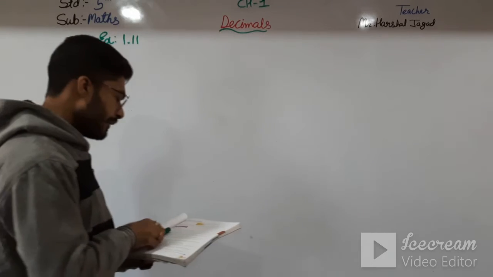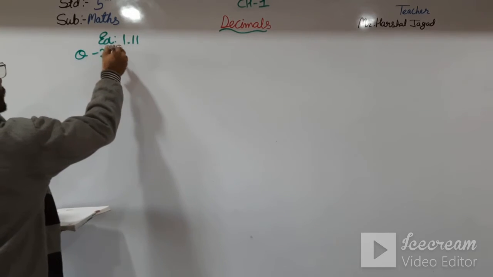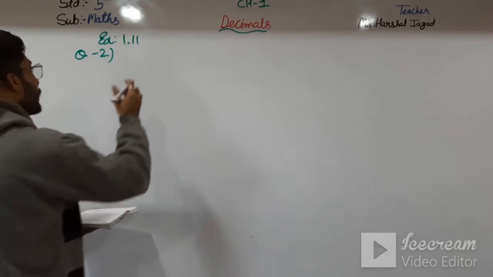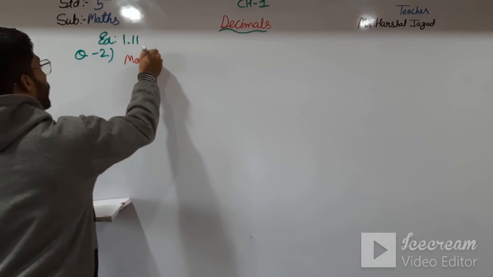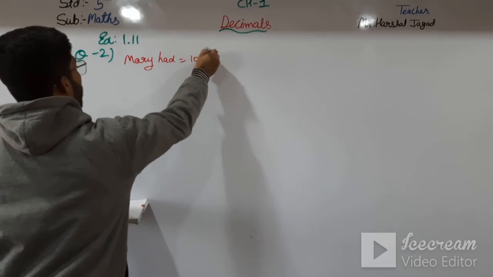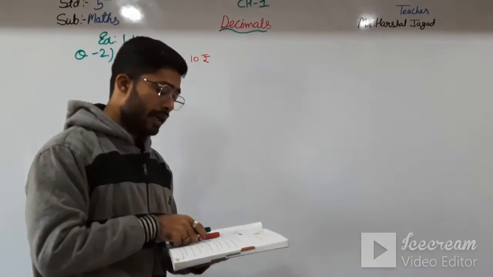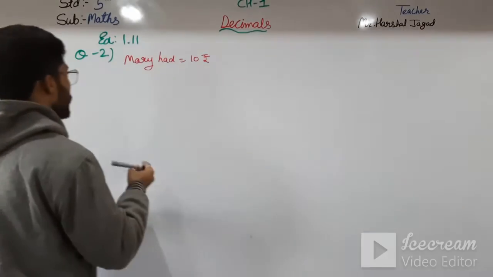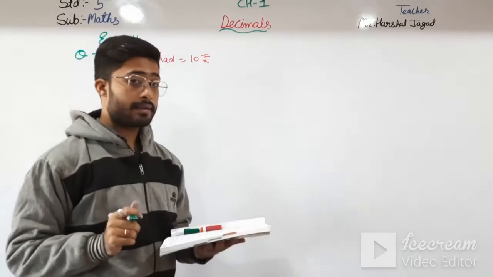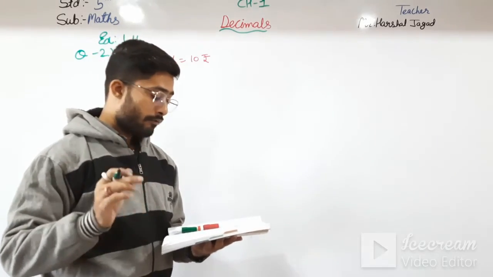Mary had 10 rupees in her purse. How many rupees did Mary have? Mary had 10 rupees, and she bought 550 paisa stamps. How many stamps did she buy? 5, of how much? 50 paisa.